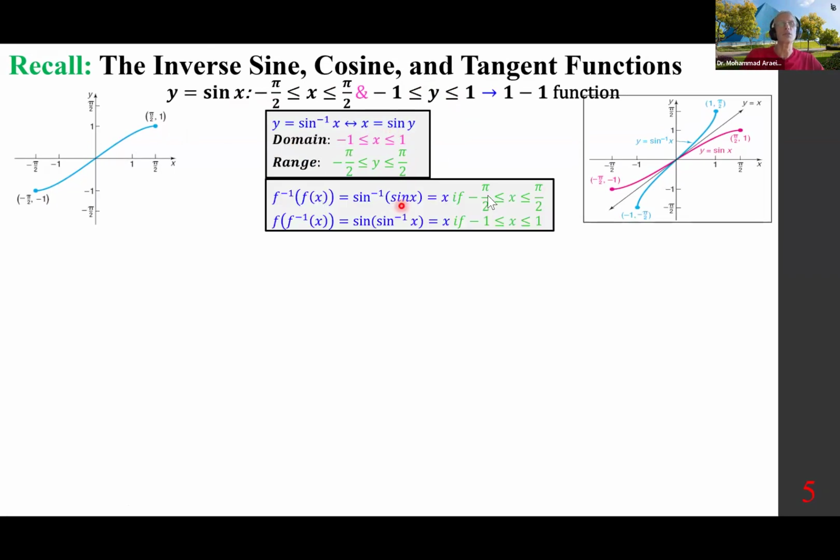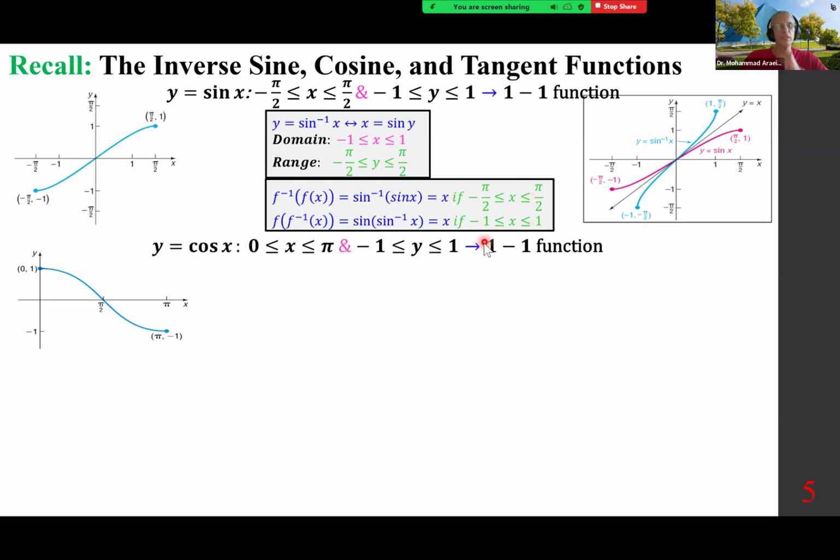And that is resulting in f of f inverse being x. x belongs to the domain of sine here, x belongs to the domain of sine inverse. So in this case, x is between negative pi over 2 and pi over 2, in this case between negative 1 and 1. In the case of a cosine, the restriction is between 0 and pi.